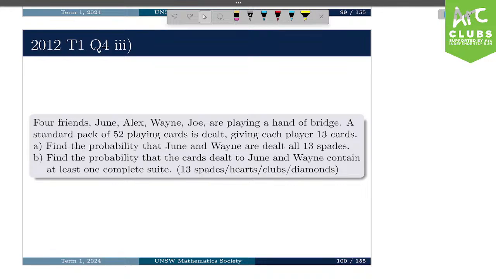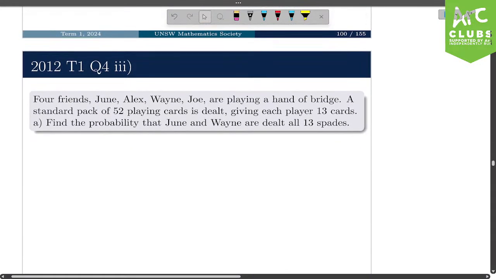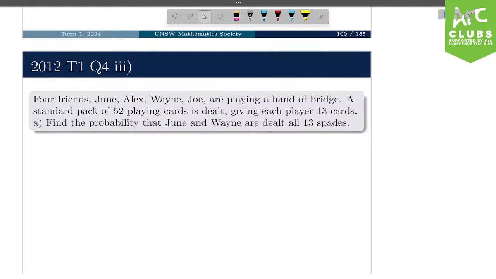There's a standard pack of 52 playing cards, which is dealt, and each player gets 13 cards. So what we will look to find is the probability that June and Wayne together are dealt all 13 spades. So out of the 26 cards that June and Wayne have, they have all 13 spades, right?